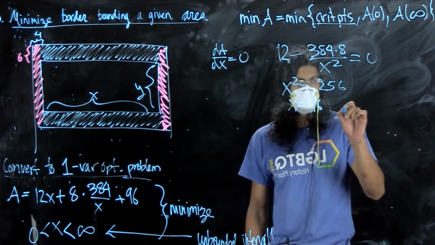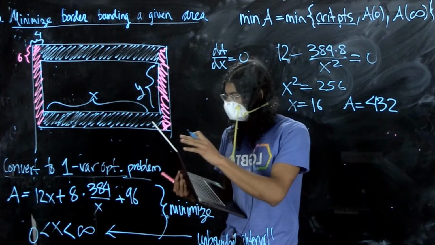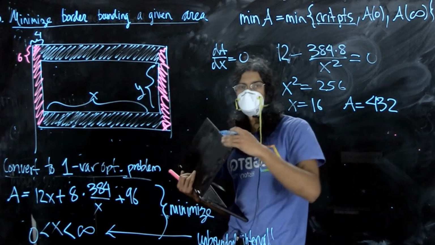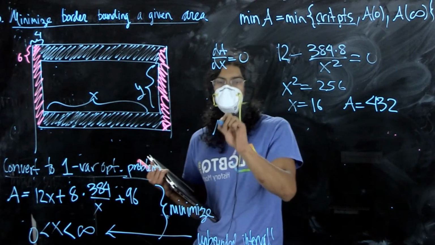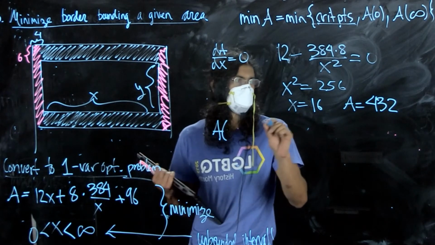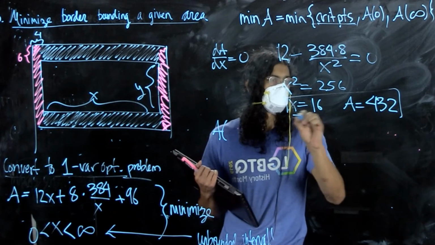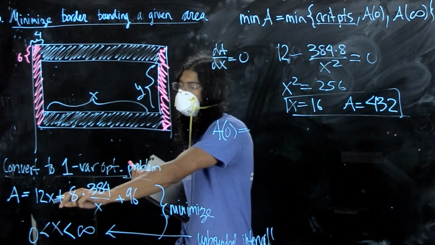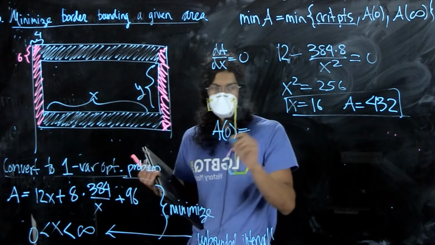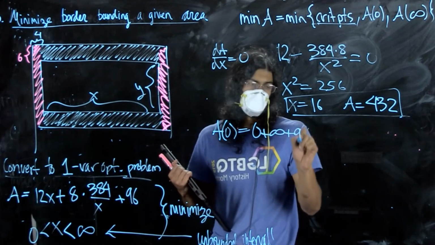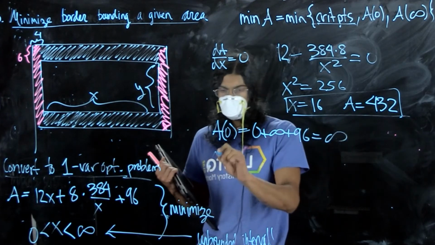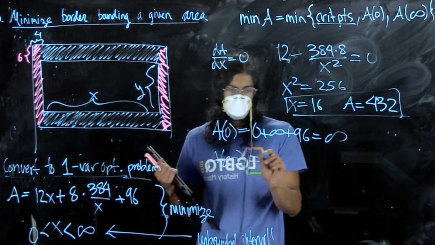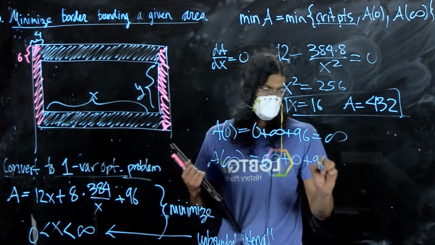When x equals 16, the area equals 432. A of 0 equals, well, 0 plus infinity plus 96, infinity. A of infinity equals infinity plus 0 plus 96, which is also infinity.